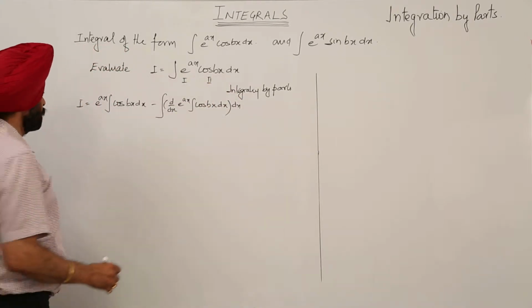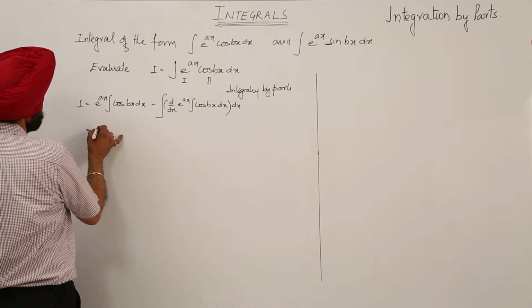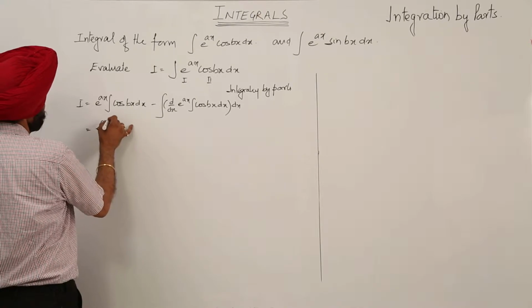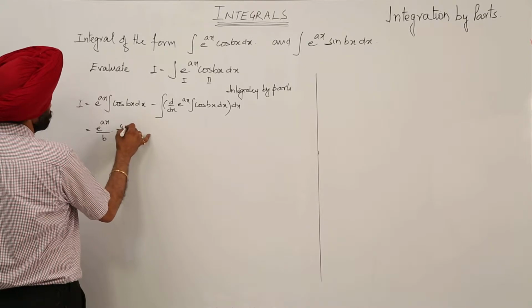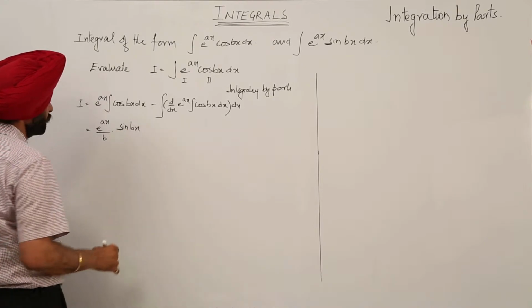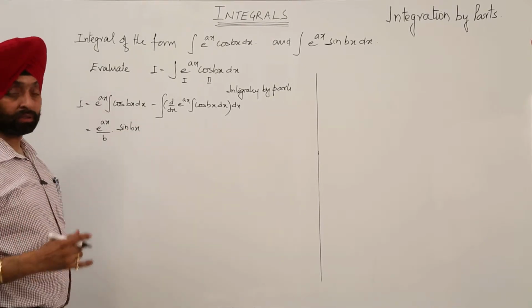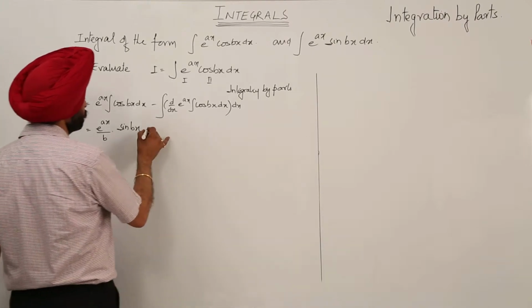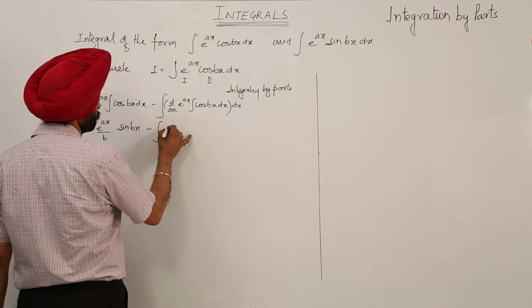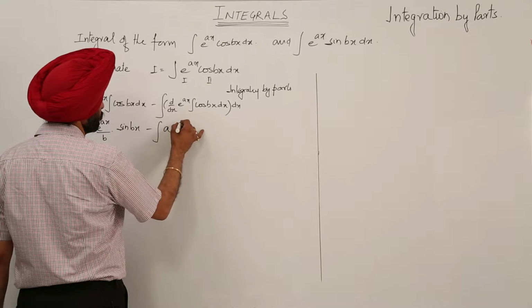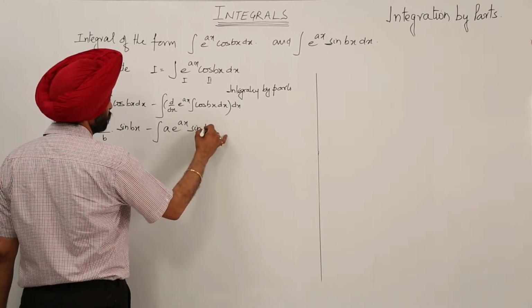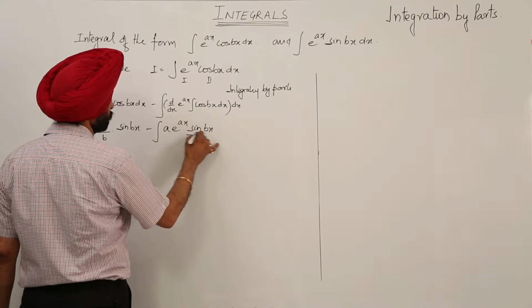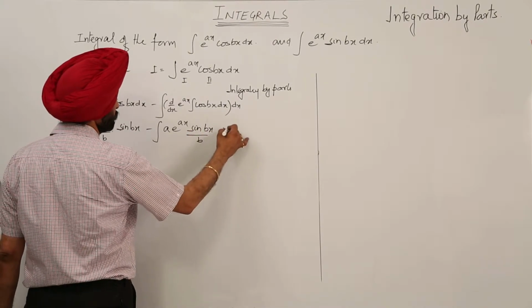Okay. Now this becomes e raised to power ax upon b with sin bx, since integration of cos bx is sin bx upon b, minus integration of a e raised to power ax sin bx upon b with dx.